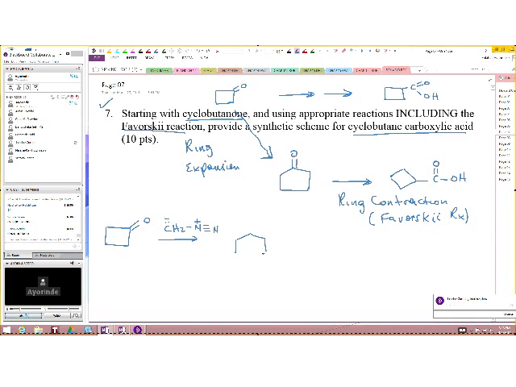That ketone is expanded by 1 carbon atom to form another ketone, plus of course you are going to produce nitrogen in this particular instance. So now we form our cyclopentanone. This is one step of the synthetic scheme.